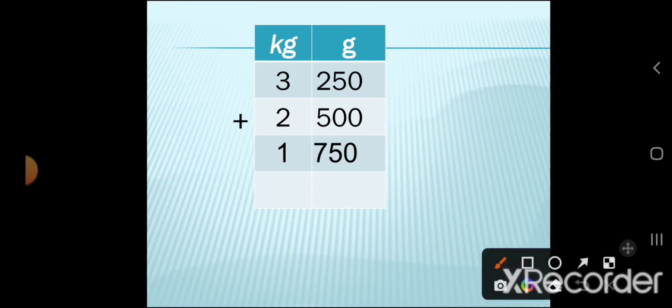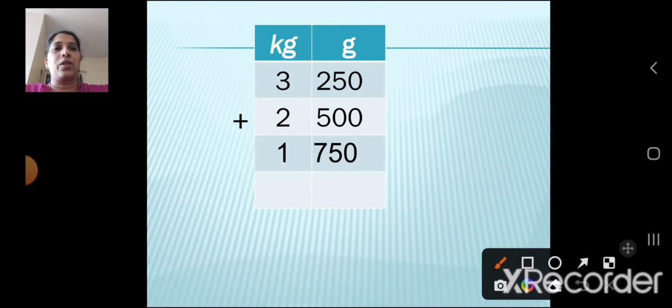Now we will add all the 3. 0 plus 0 is 0, 5 plus 5 is 10, 1 carried over, 2 plus 1 is 3, plus 5 is 8, 8 plus 7 is 15. So 5 written down, 1 carried over, 1 plus 3 is 4, 5, 6, 7. So we got the total weight as 7 kg 500 gram.